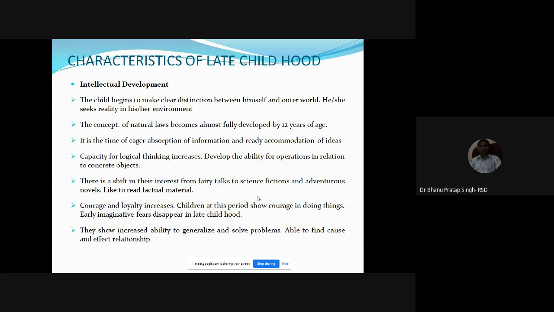Late childhood is the time of eager absorption of information and ready accommodation of ideas, capacity for logical thinking, and ability for operations in relation to concrete objects. He develops that ability.